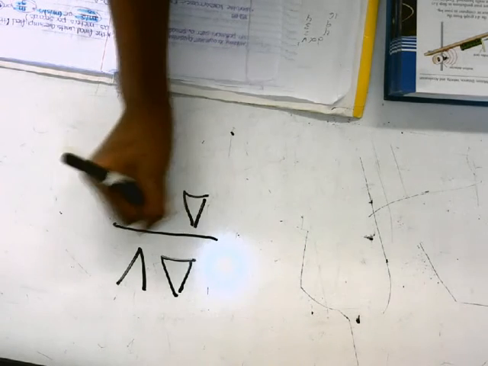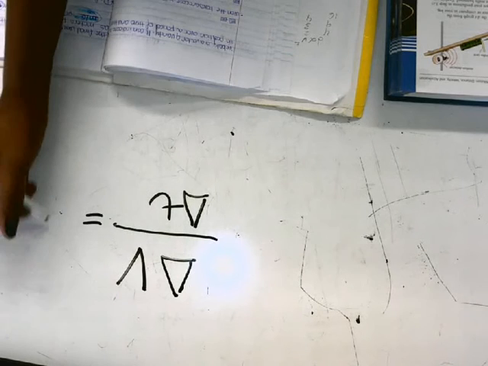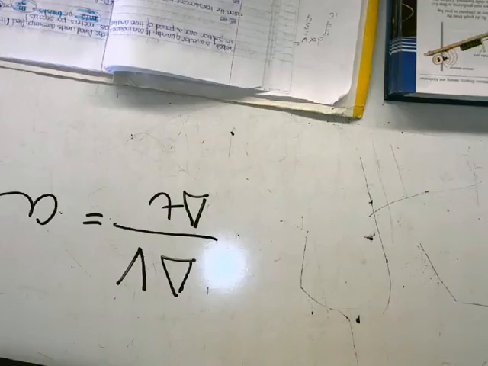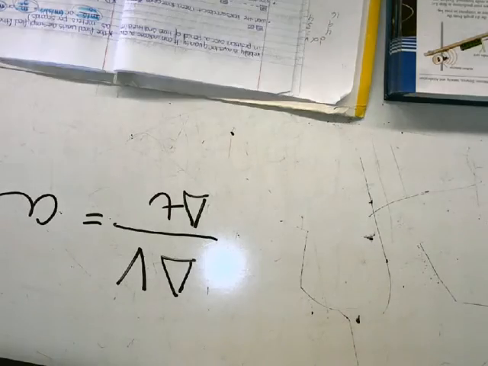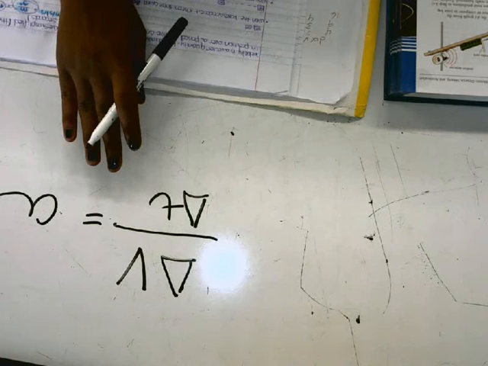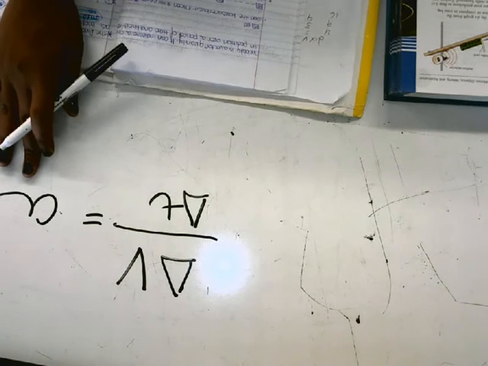Units of time would be minutes or seconds, and it's measured in seconds most of the time. The change in velocity is given in meters per second or kilometers per hour.